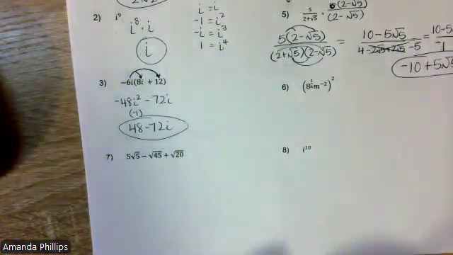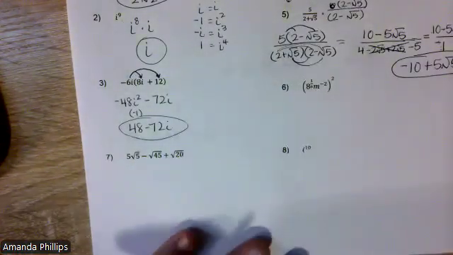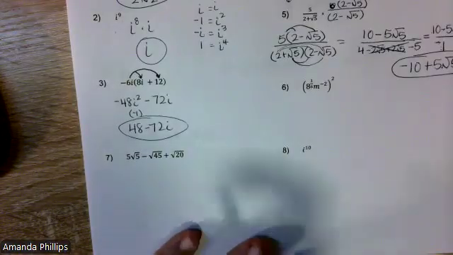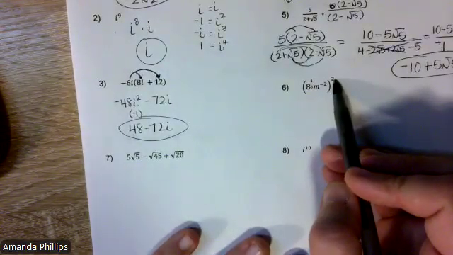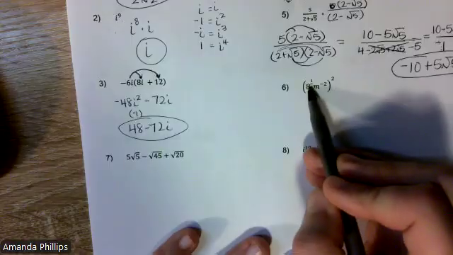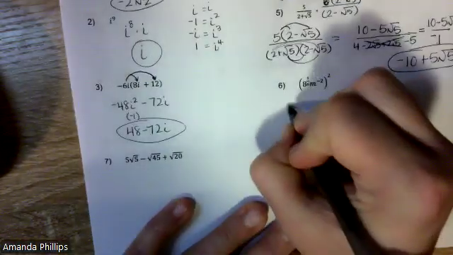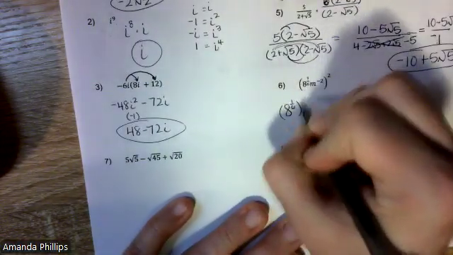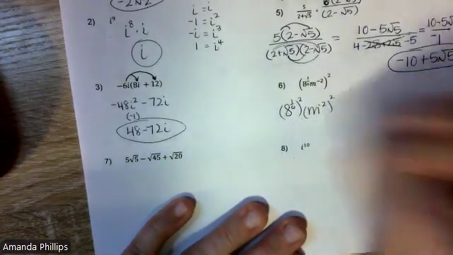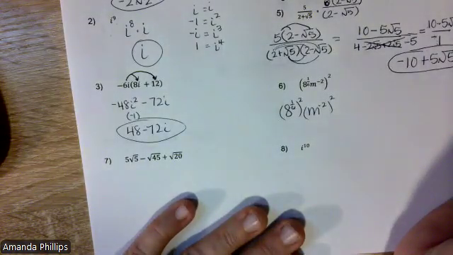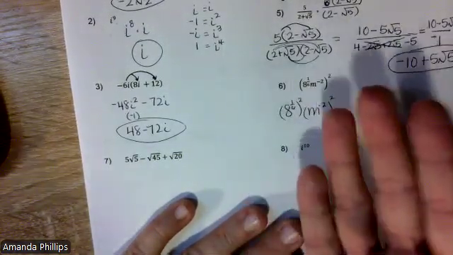Sometimes when there's not too much going on in parentheses, I'll just go ahead and take everything to the power of 2, because we know that's what we're doing. Everything in here goes to the power of 2. So 8 to the 1/6 goes to the power of 2, m to the negative 2 goes to the power of 2. That's it. Okay, now we do have to simplify it further.